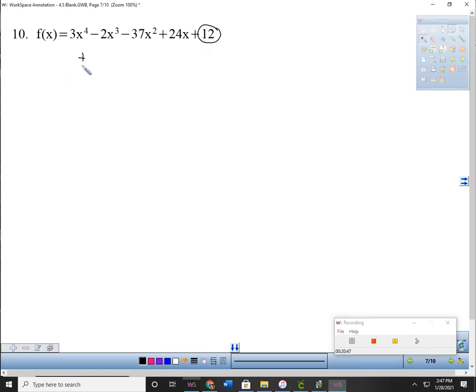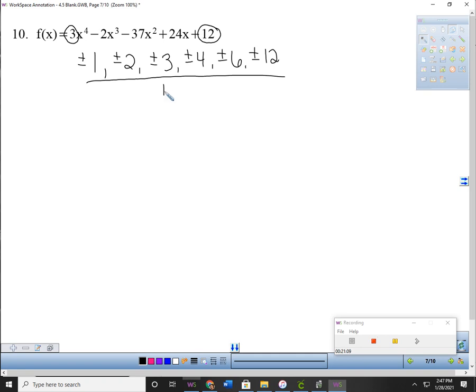Okay. So number 10, we're going to list all the factors of 12. That would be 1 and 12, 2 and 6, 3 and 4, right? And we will divide that by all the factors of 3, which are just 1 and 3.